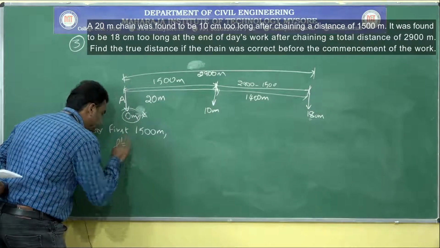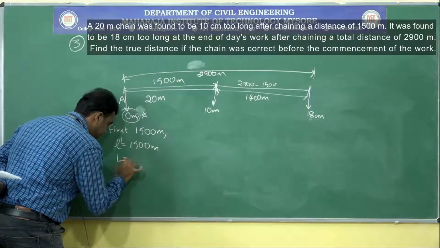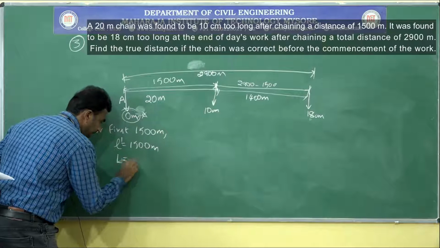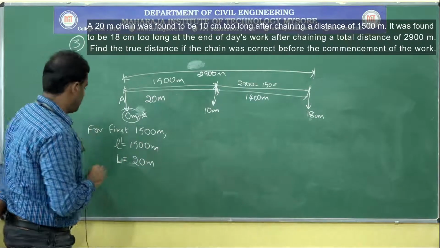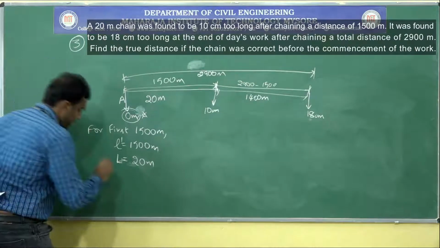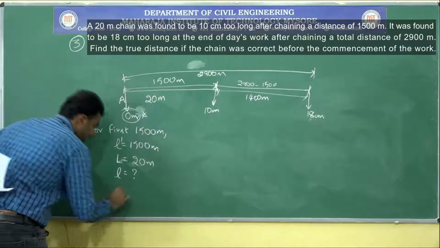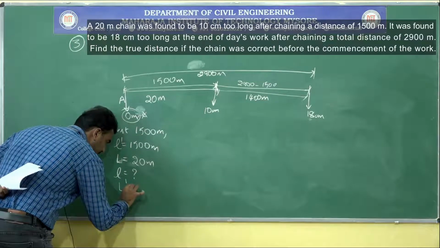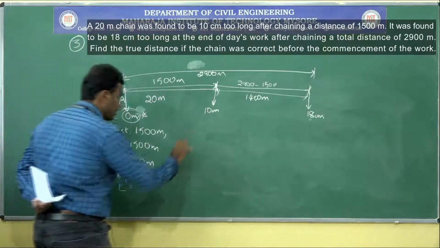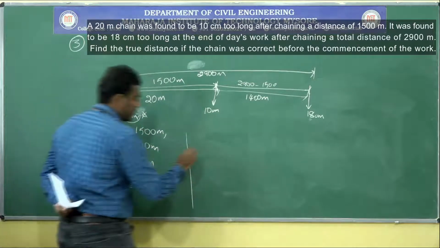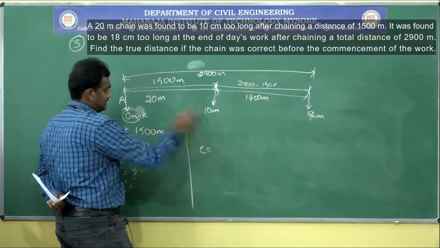The measured length L dash is 1500. The designated length, capital L, is 20 meters. And we need to find out the small l, that is the true or actual length of the survey line. In order to find the actual length of the chain, you need to consider the error and average it.